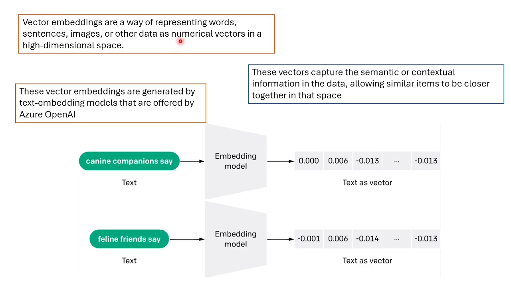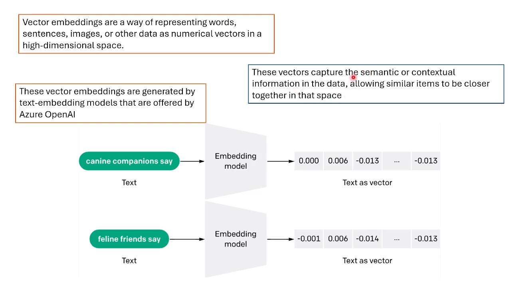So it's not your same old three-dimensional space, not your same old X, Y, and Z axis, but much broader and much larger than that. Now, these vectors capture the semantic or contextual information in the data, allowing similar items to be closer together in that space.